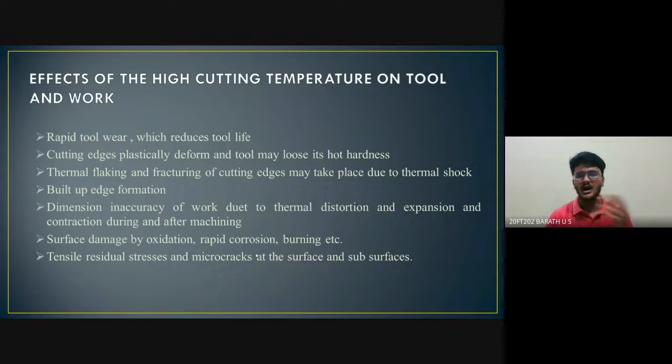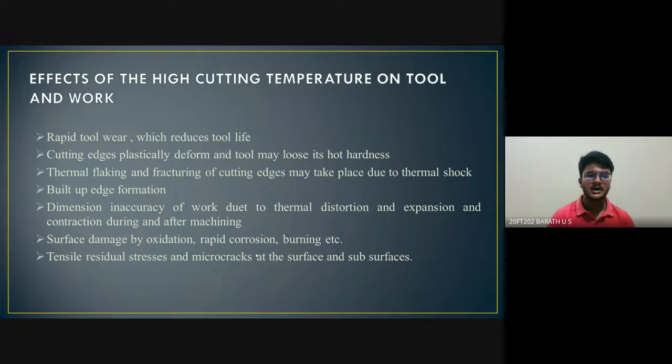We see in the quenching operation that heating increases hardness, but there we also cool. Only increasing the heat, without cooling, while continuously using that tool, damages the tool life.